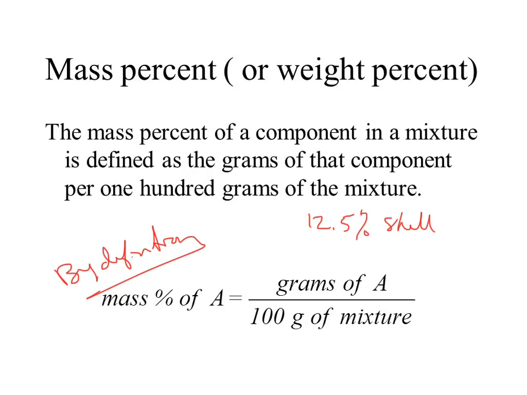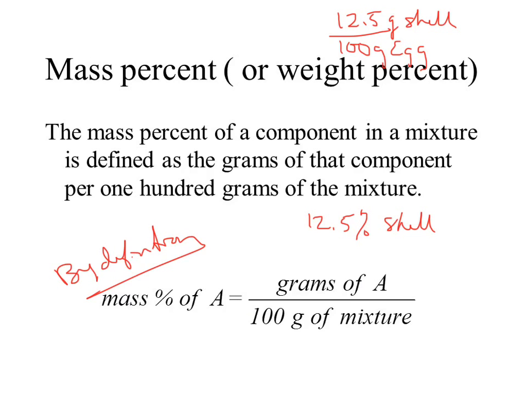By definition, what that means is if you had 100 grams of egg, the whole mixture, you would have 12.5 grams of that component, shell. That's what that means.